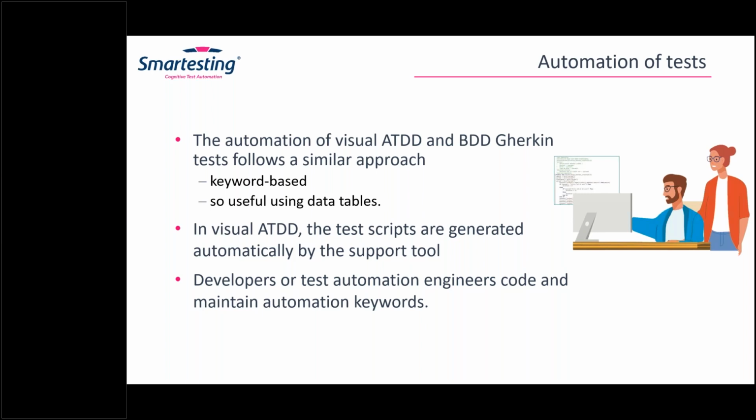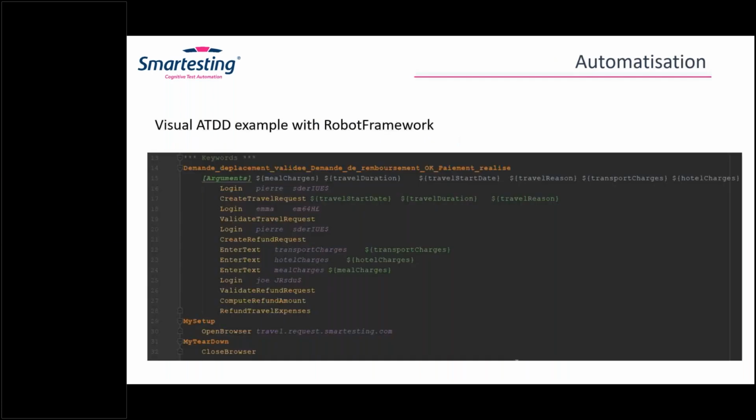and developers or automation engineers will focus on the technical aspects of connecting with the SUT itself through the keywords. The granularity of which will vary between projects, and we will touch upon this topic.